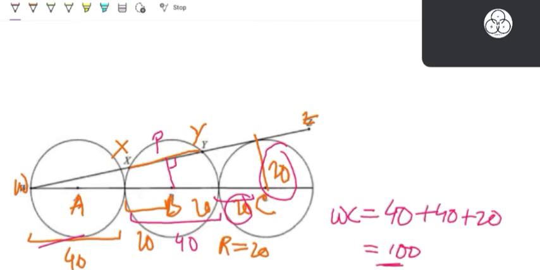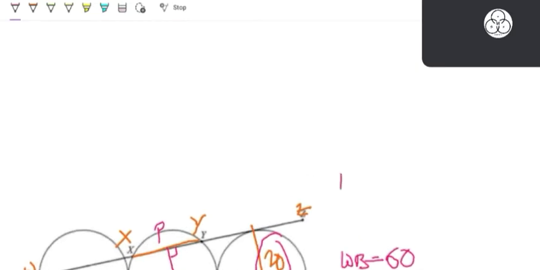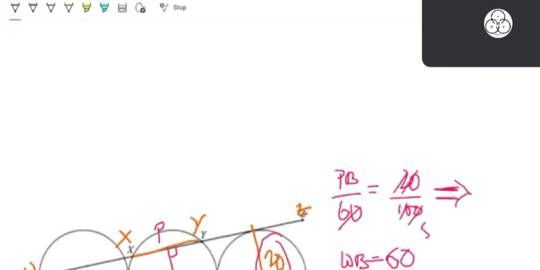What about the length of WB? 40 plus 20, 60. Applying similarity, we have PB over 60 equals 20 over 100, which will give you 5.6.